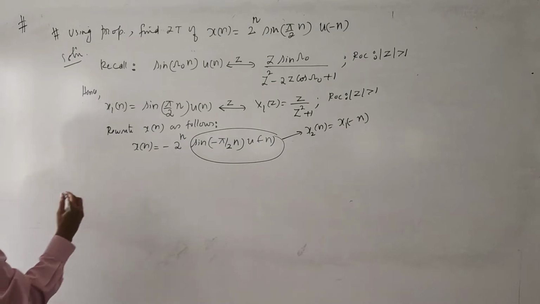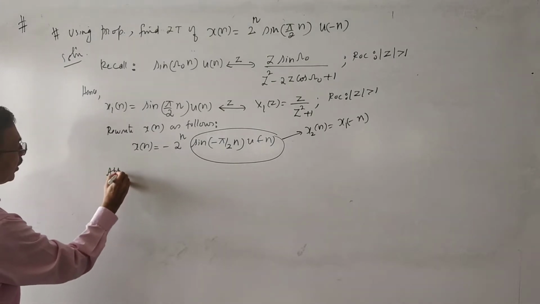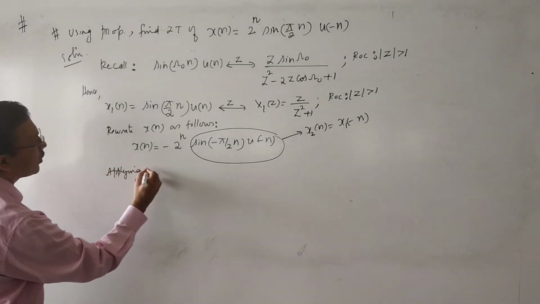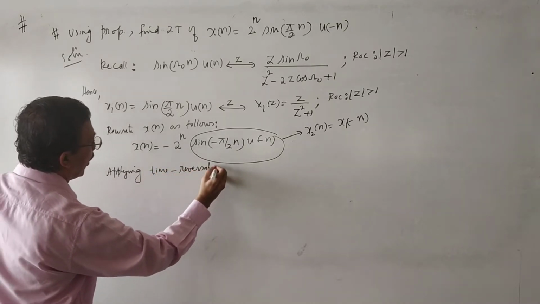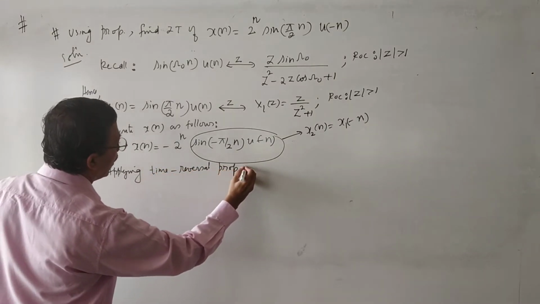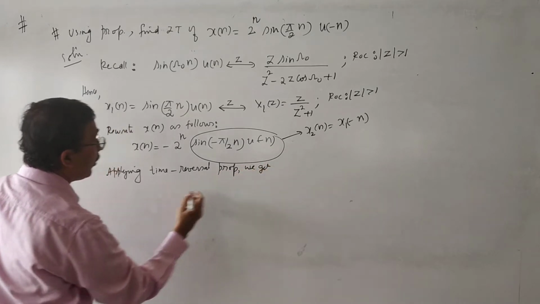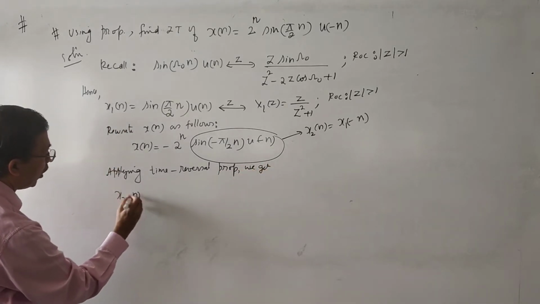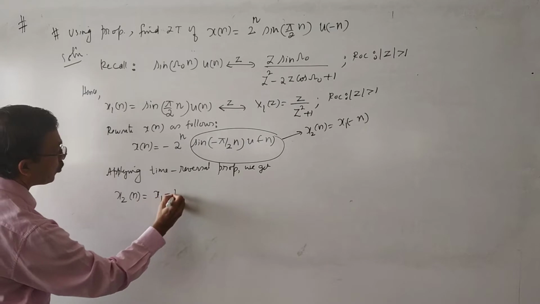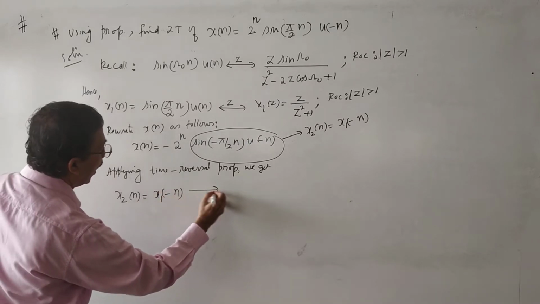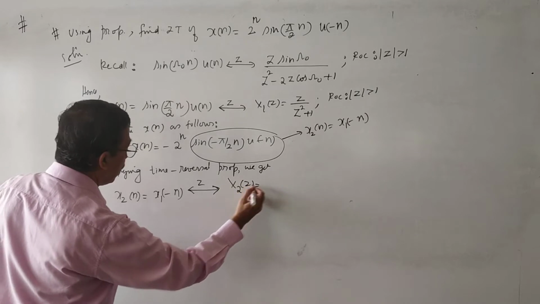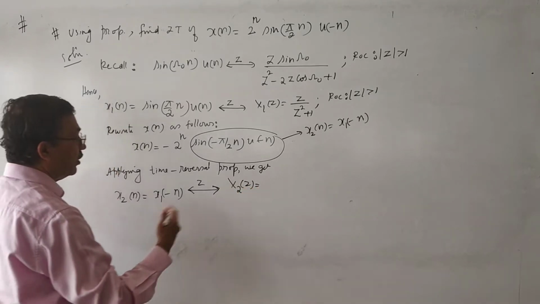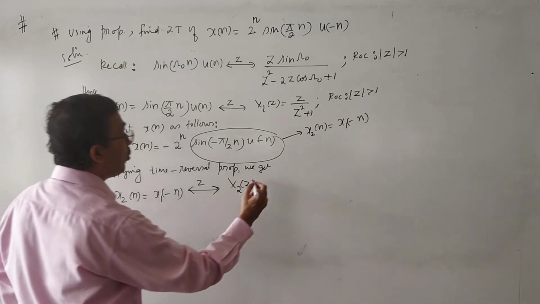Correct? Hence we'll apply the time reversal property. What is x2 of n? x2 of n is equal to x1 of minus n has a z transform x2 of z equal to, if you replace n by minus n, z gets replaced by z to the power minus 1.